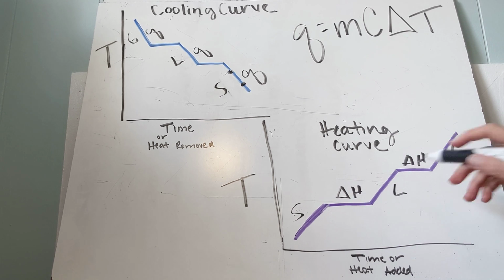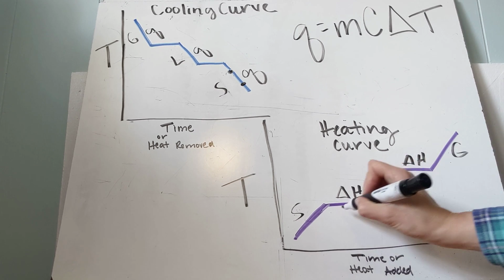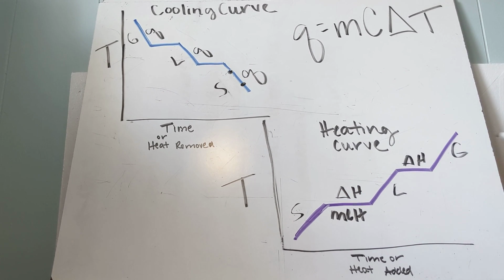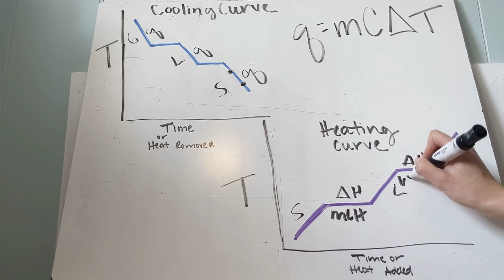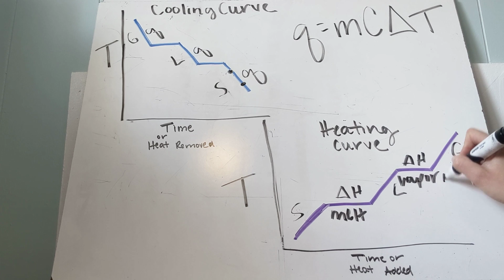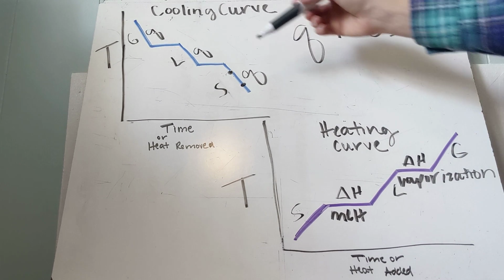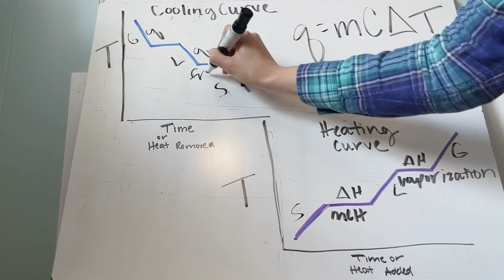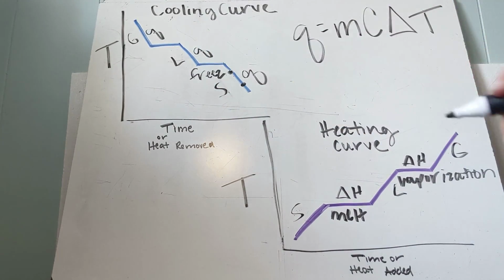As we go from a solid to a liquid, that's melting. From a liquid to a gas, our object is vaporizing. If we go back to our cooling curve, a liquid to a solid is freezing, and we would still be calculating delta H.